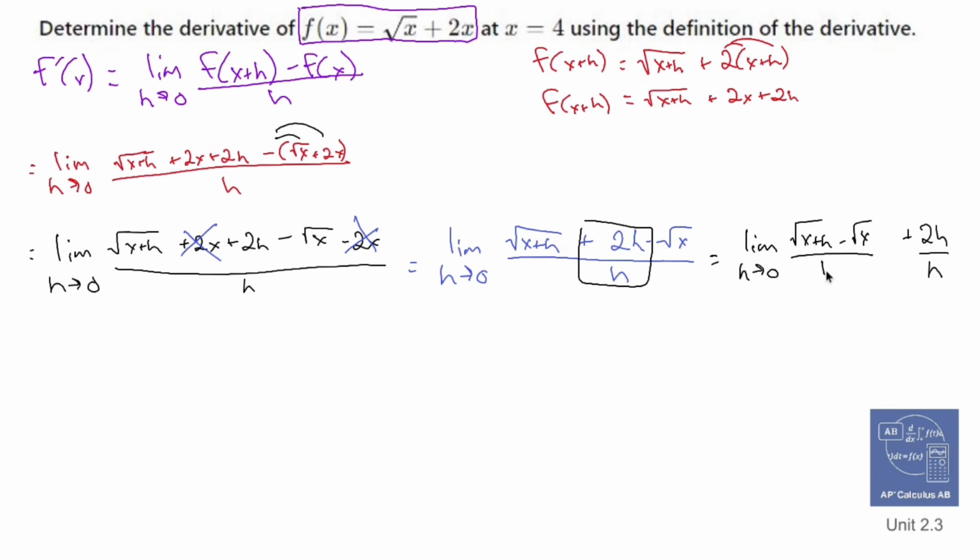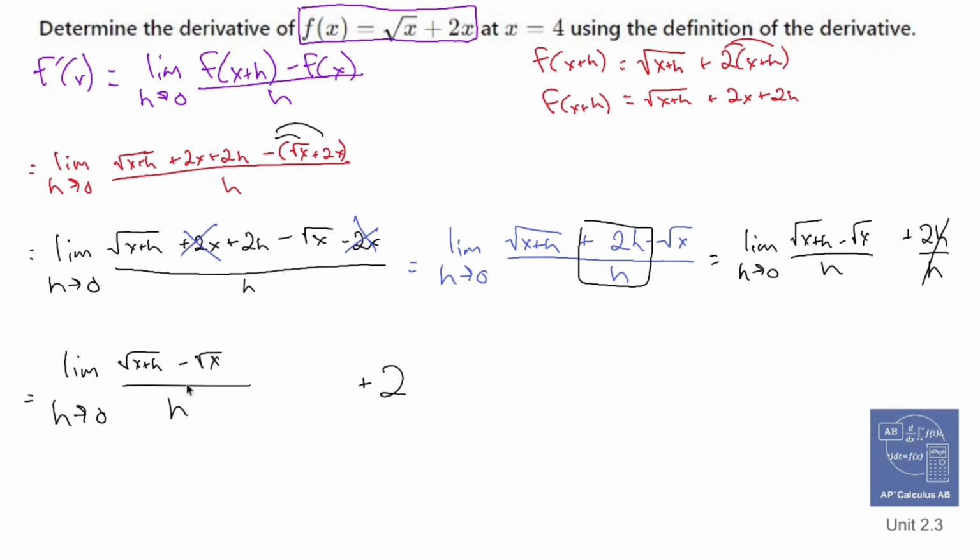Now watch what I do. Notice how I split these guys up. I can now do that, and that leaves me with the limit as h approaches 0 of root x plus h minus root x all over h. Now I'm going to leave some space here on purpose. You'll see why. You'll see the plus 2 as well.